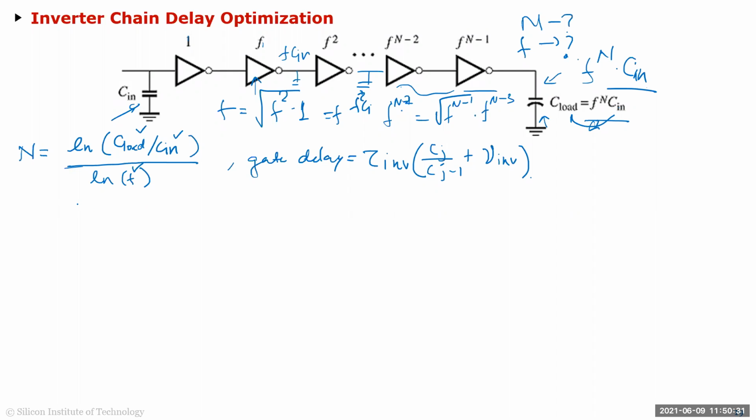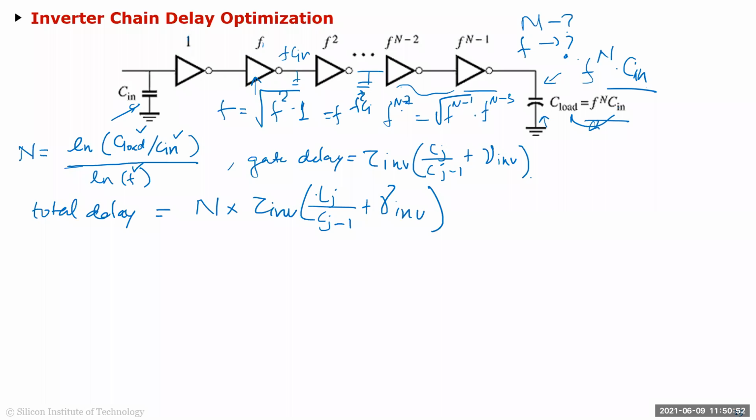Then I can write the total delay. Because it's n stages, I can write it as n times tau inverter and Cj over Cj minus 1. So it's still not a closed form solution, but it's just formulating it in this fashion, right? So this is the total delay.